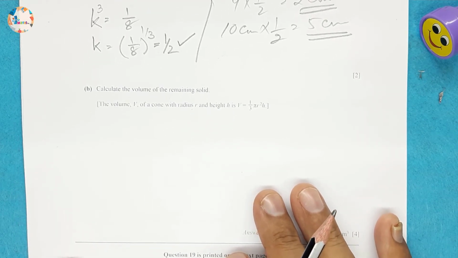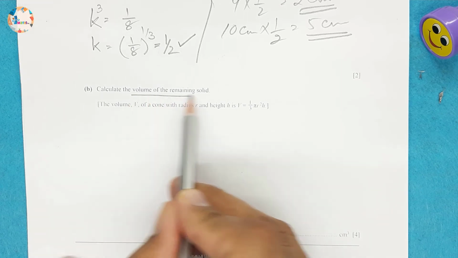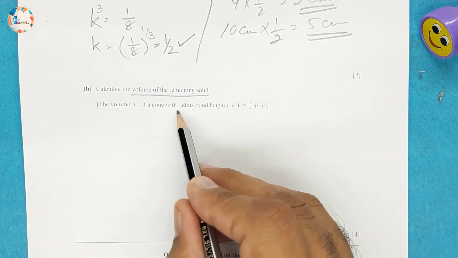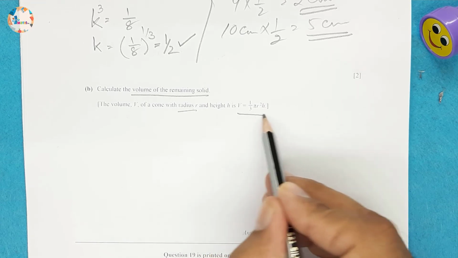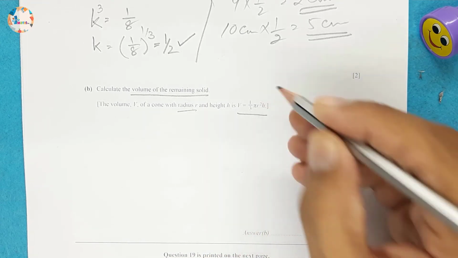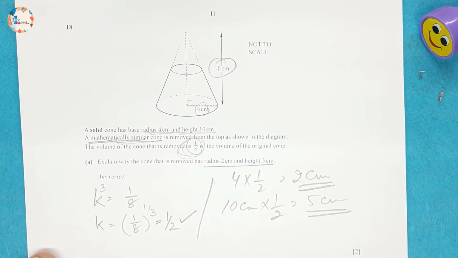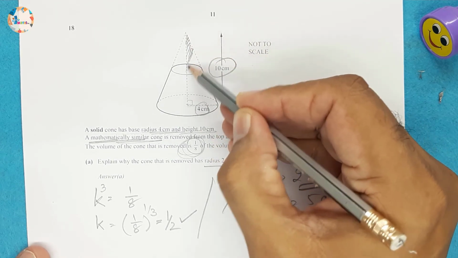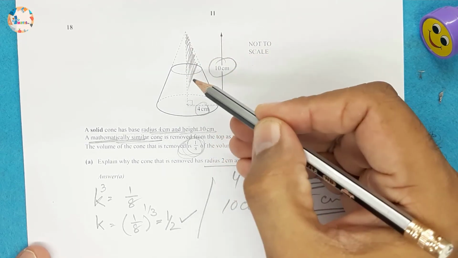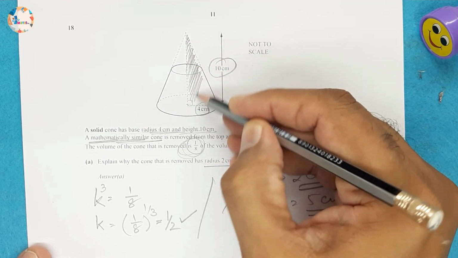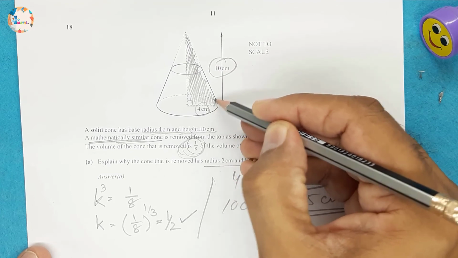Calculate the volume of the remaining solid. So the volume V of the cone with radius r, height h is basically this one. So this height h is not the slanting height. This height is basically the perpendicular height. So for perpendicular height we will be considering this much, basically this much.